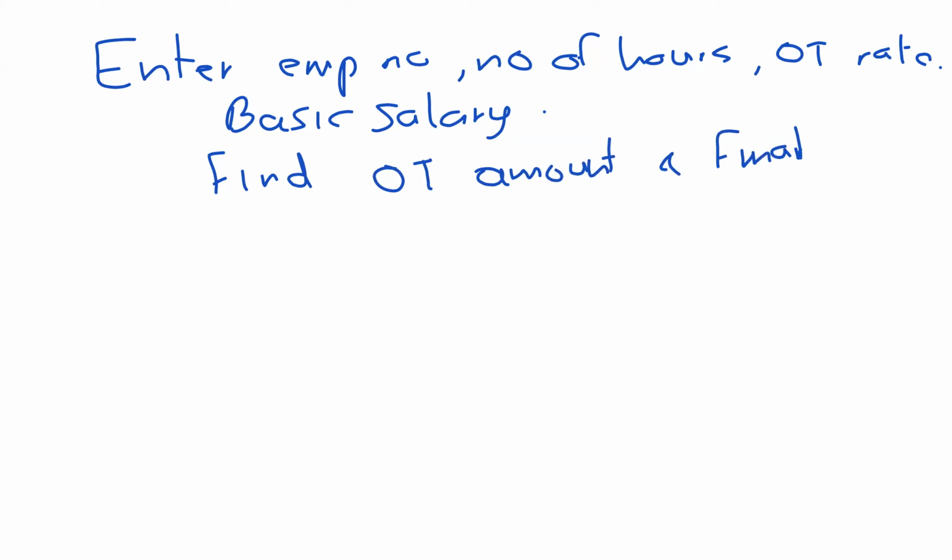Then you have to multiply it to get the full OT amount, the extra hours he has worked. Say he has 10 hours and hourly payment is 1005. You have to multiply the number of hours by the hourly rate to find the OT amount, and then you know the basic salary, and you add them together to get the final salary.